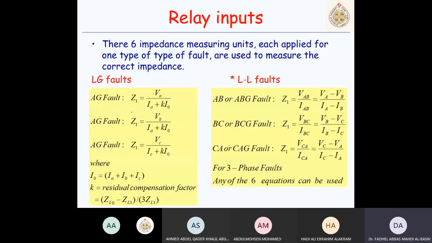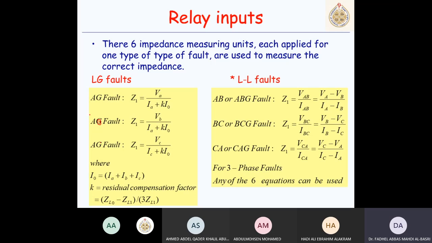The impedance relay implements 6 measurement units. For ground faults, the positive sequence impedance is measured by dividing the phase voltage by the current, for each: phase A unit, phase B unit, and phase C unit.